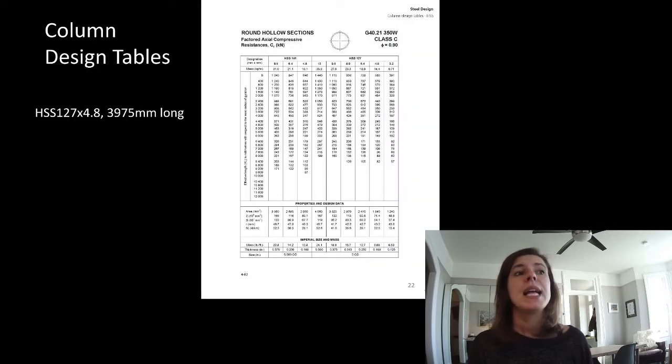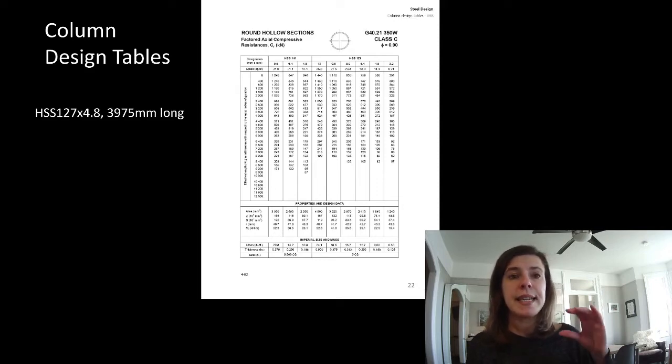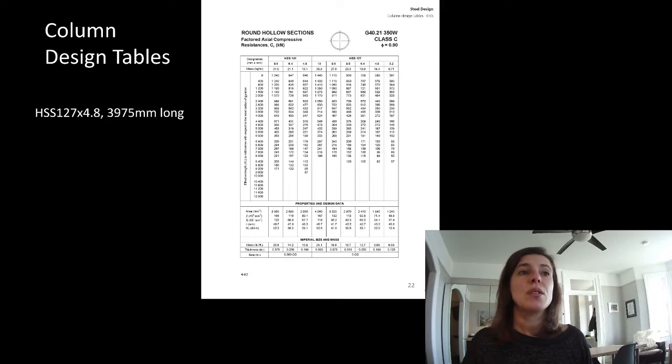So, let's take a look at a column design table. I have uploaded for you, in the uploads or downloads module, but also in this week's lecture module, the steel column tables. In this, you will see different CRs that have been calculated based on the length of the column.